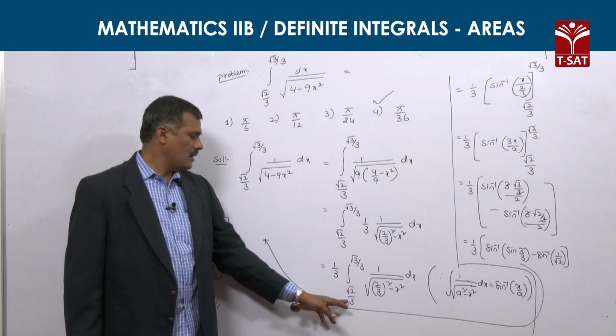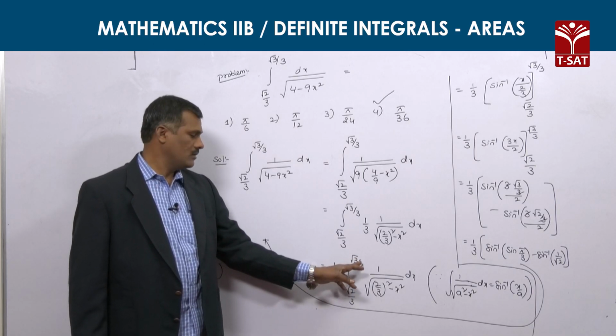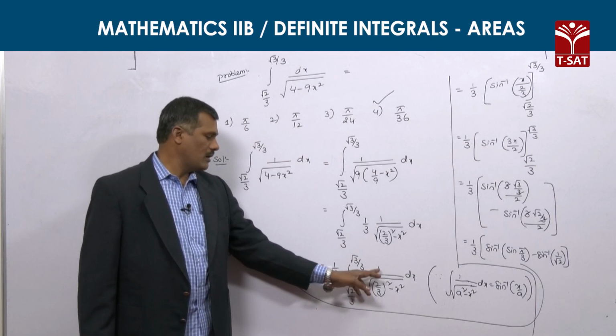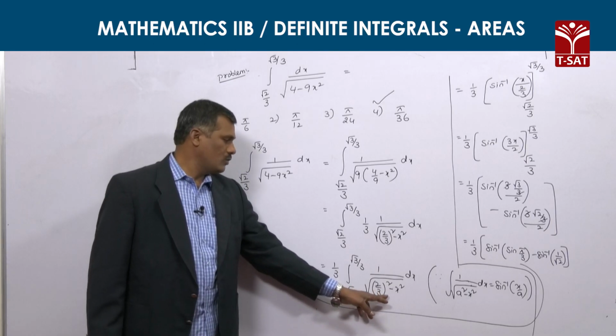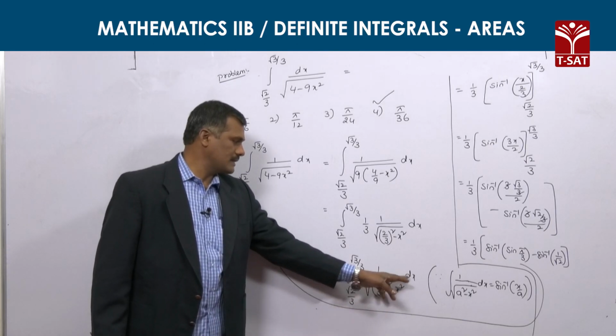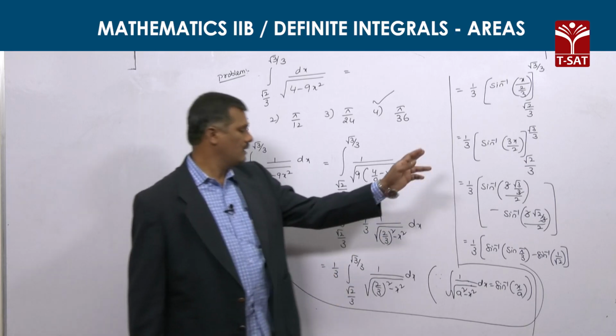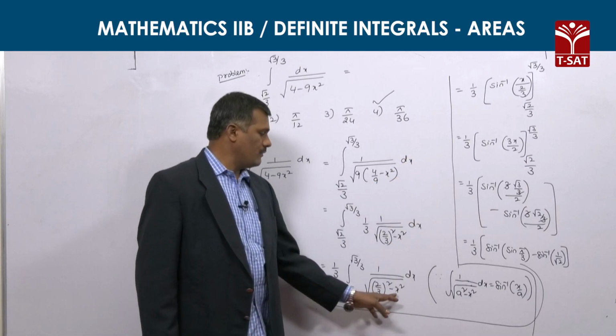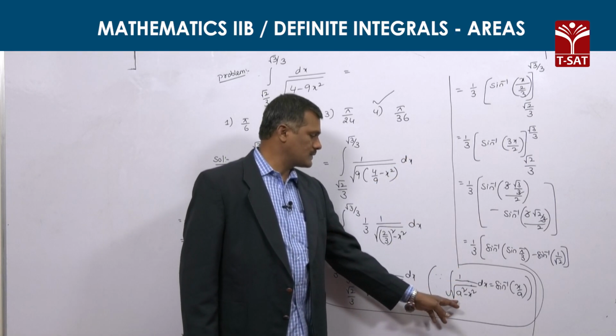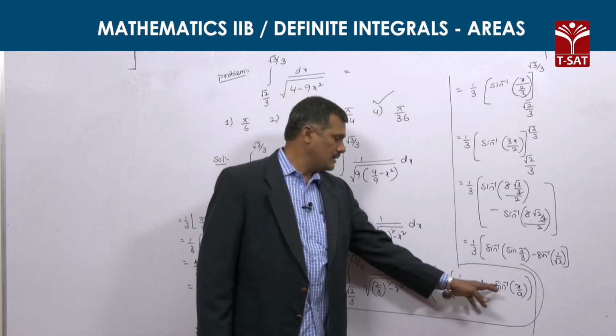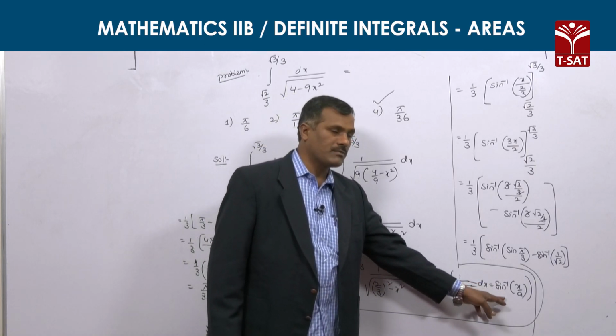1 by 3 integral of root 2 by 3 to root 3 by 3, 1 by root over (2 by 3) whole square minus x square dx. It is in the form of integral of 1 by root over a square minus x square dx, whose formula is sin inverse x by a.